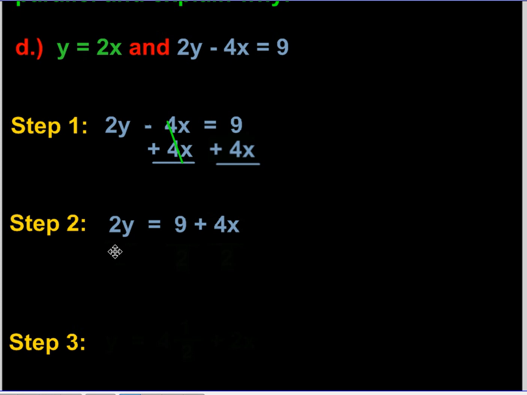Now we still want to isolate y, so we can divide by 2, and that's going to cancel these out. And if we divide by 2 over here, we've got to do it over here. So the y is going to come down to 9 over 2, which is an improper fraction, so that gives us 4.5. And 4 divided by 2 gives us 2, and we keep our x.